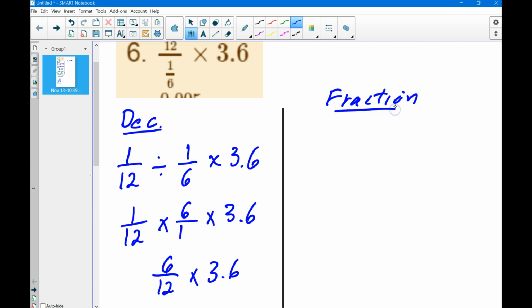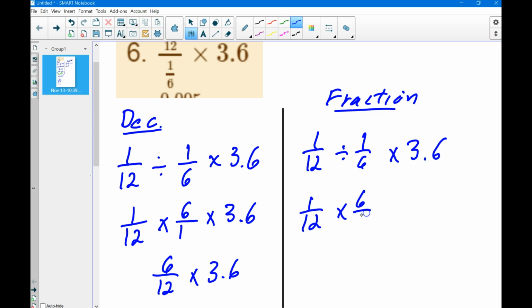The fraction method of doing this, I'm going to have 1 over 12, starting out the same way, multiplied by 1 over 6 times 3.6. Turning it upside down, the first two parts are exactly the same, so it's 1 over 12 times 6 over 1 times 3.6.